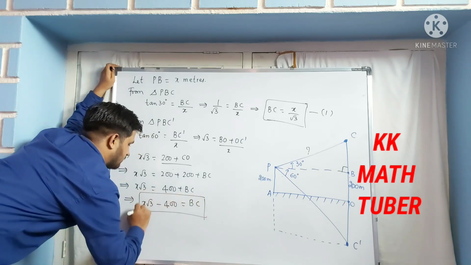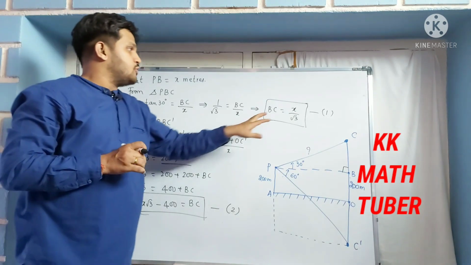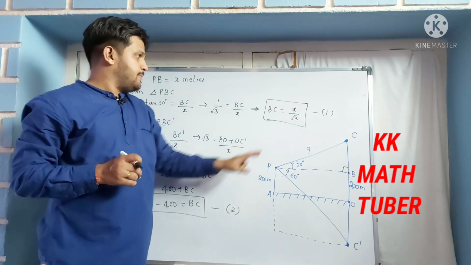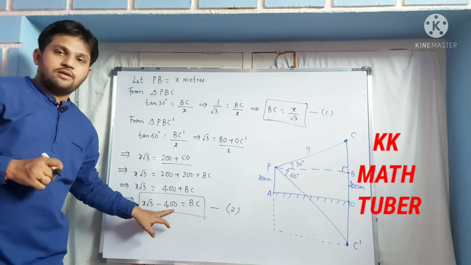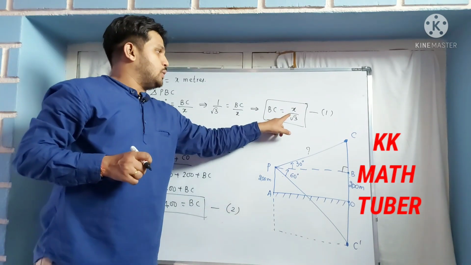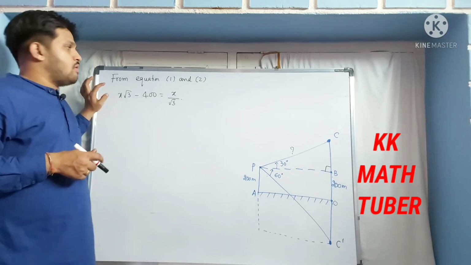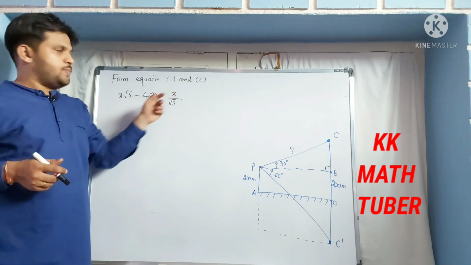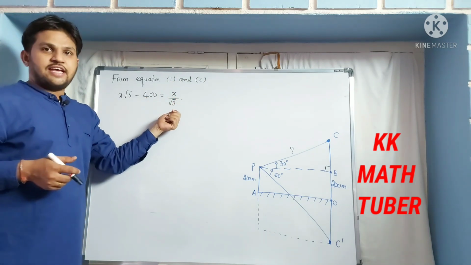Now look at equations 1 and 2, how to simplify. Here BC is x by root 3 and here BC is x root 3 minus 400. I can equate 1 and 2 and get the value of x. So we get x root 3 minus 400 is equal to x by root 3.